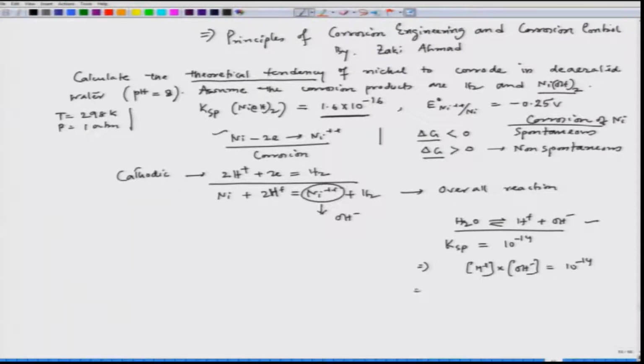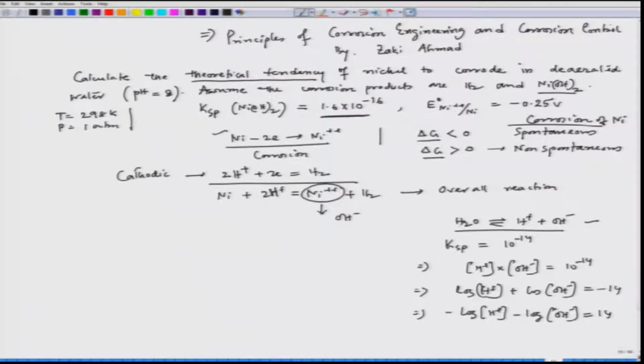If we take log, minus log of H+ and minus log of OH minus equal to 14.